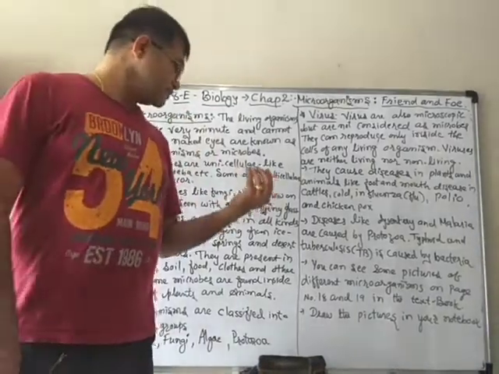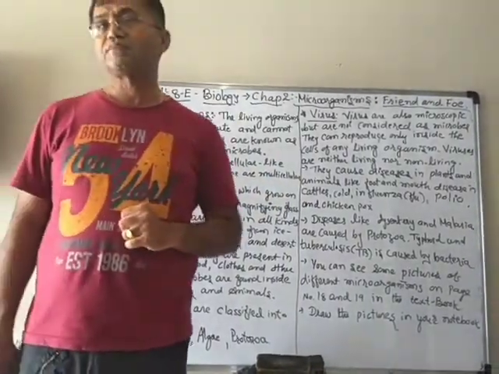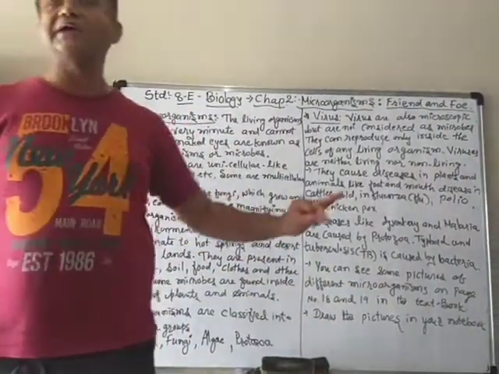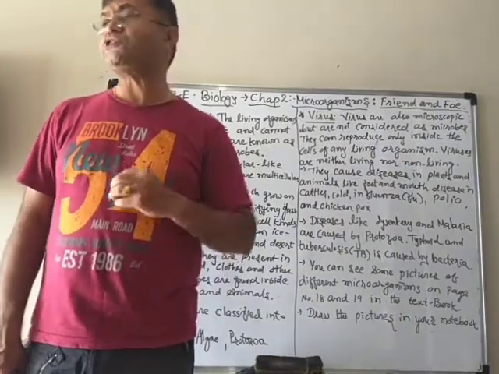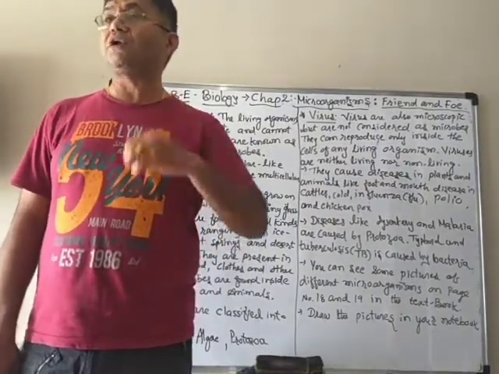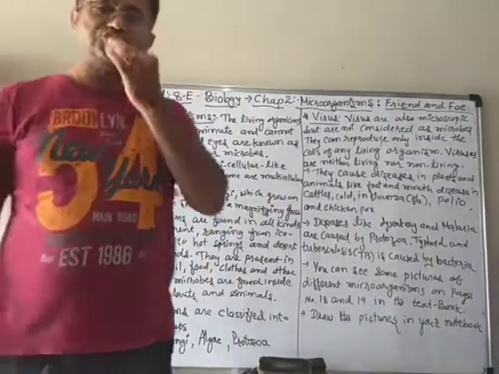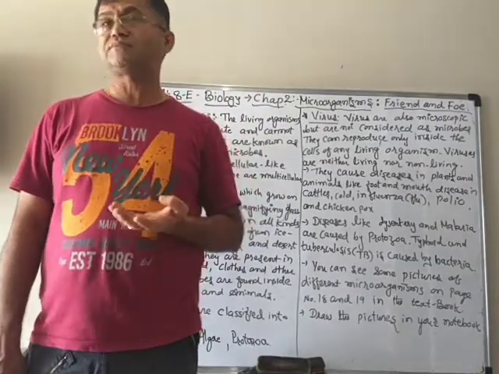Similarly, they are classified into 4 major groups. They are bacteria, fungi, algae and protozoa. Viruses are also microscopic, but they are not called organisms. Why? Because as I told you, they are very very different from others.